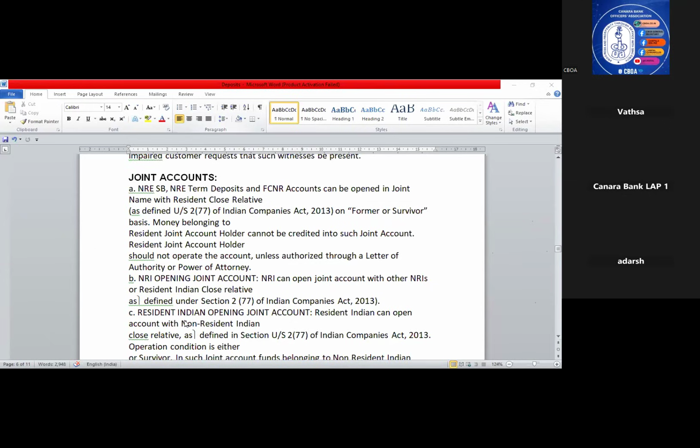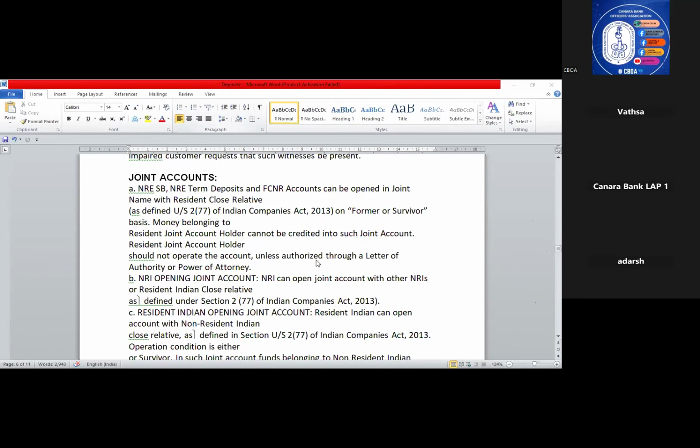Normally in CBS, we make the joint holders in CI 142. While opening the account, at the most you can do for only 3 persons. Now, since there is no restriction on joint accounts, many persons may join. You will be adding it in CI 142. And in SIM 28, you will be giving the details of how the account has to be operated.